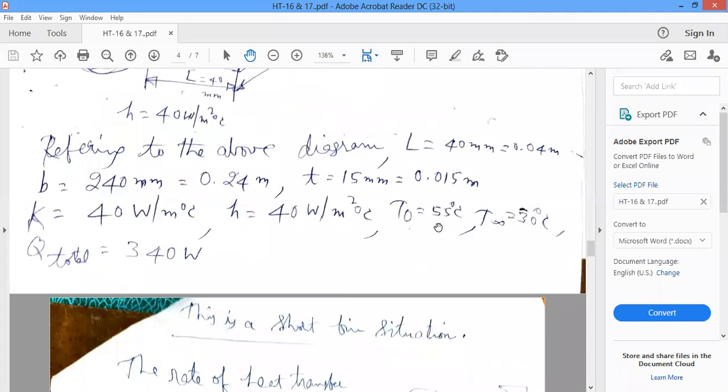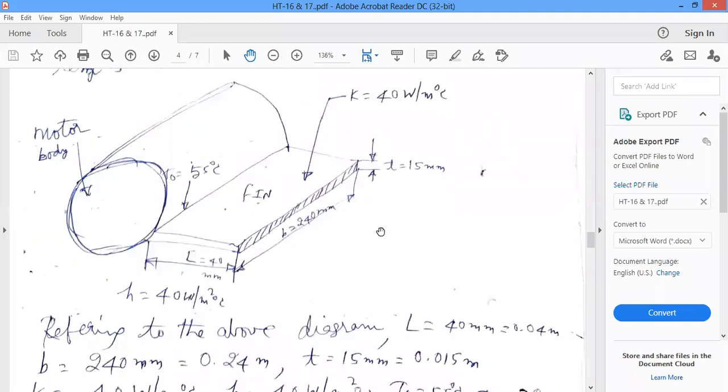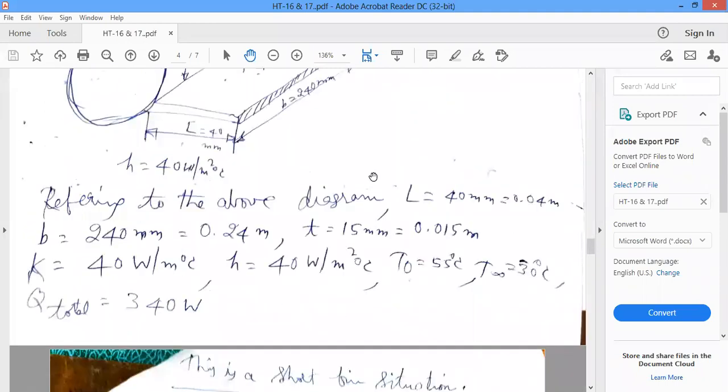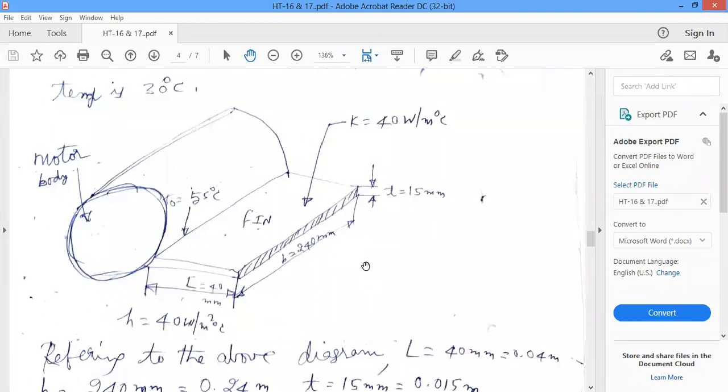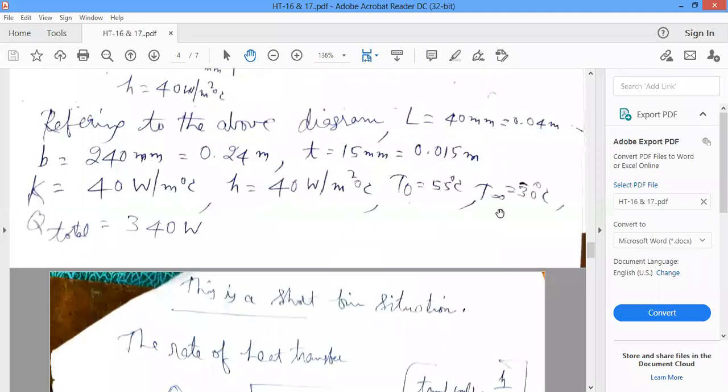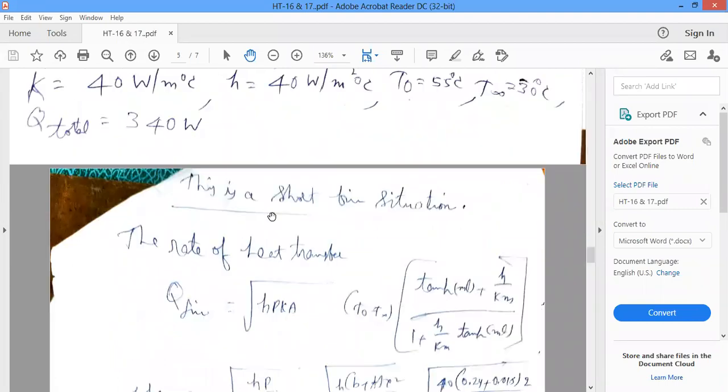And this heat is being given to the outside environment, that is the outside atmosphere. That's why the atmosphere temperature is 30 degrees centigrade, T free stream 30 degrees centigrade. So total heat dissipated by the motor body is 340 watts. This is a short fin situation.